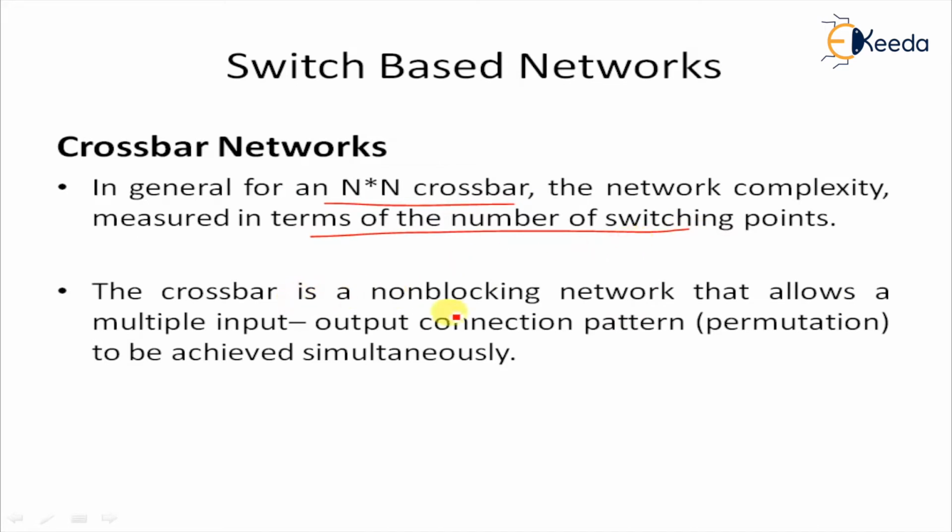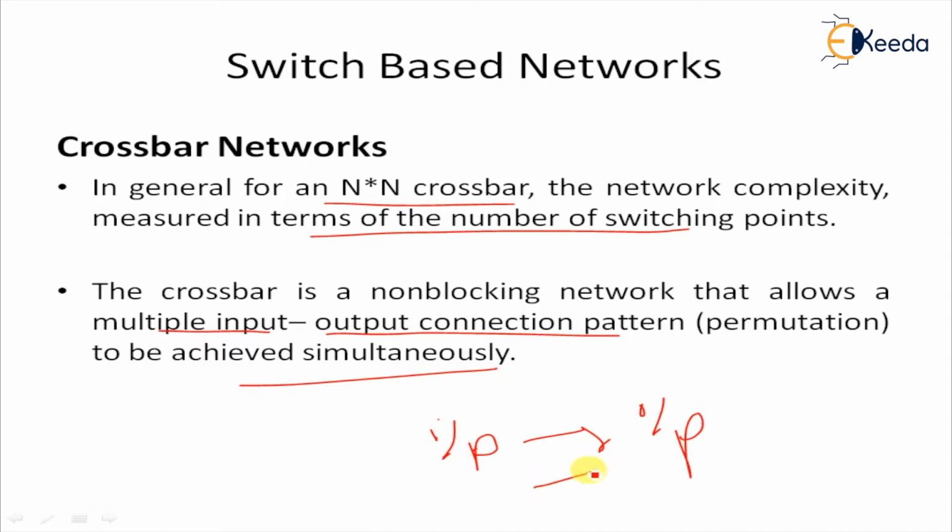The crossbar is a non-blocking network that allows multiple input and output connection patterns, or permutations, to be achieved simultaneously, and the message delay to traverse from a particular input to output is always constant, regardless of which input and output are communicating.